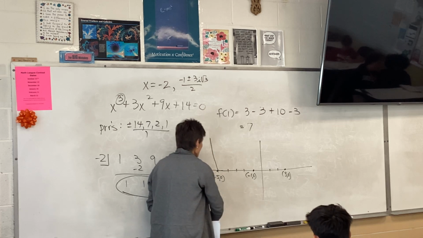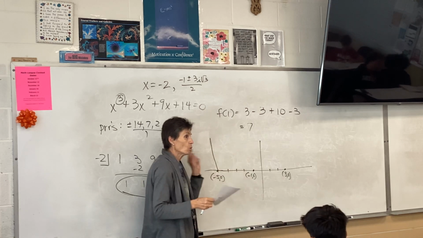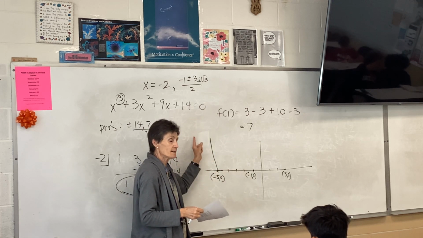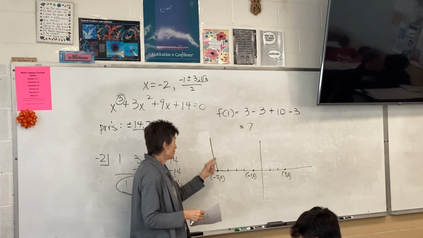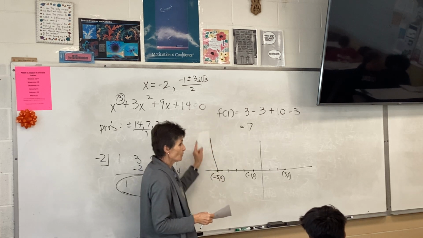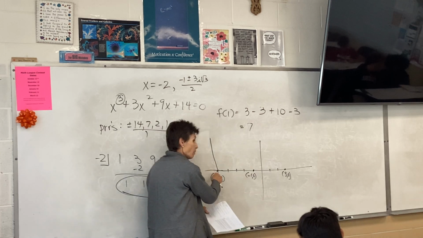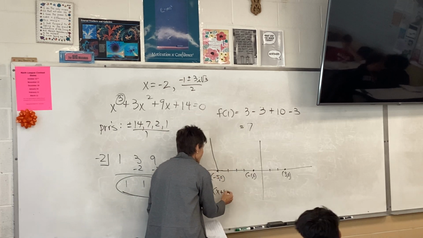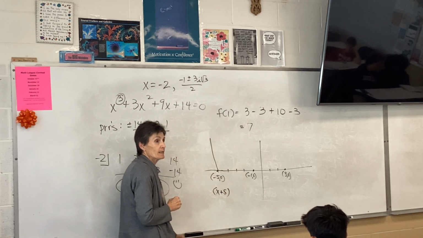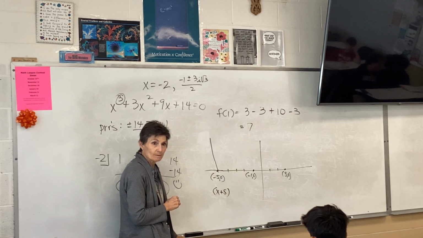When I get to this point, I have a choice. Do I zip on through? Do I bounce off? Or do I squiggle? Well, that point came from this factor. It isn't squared.